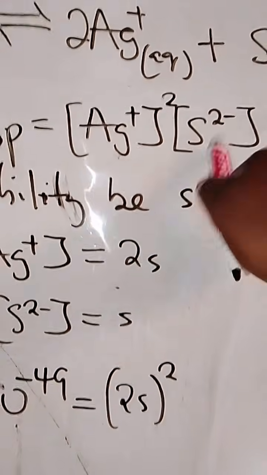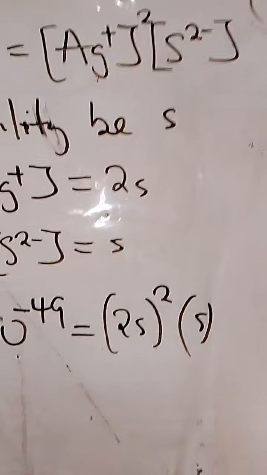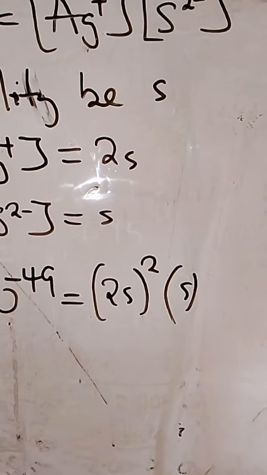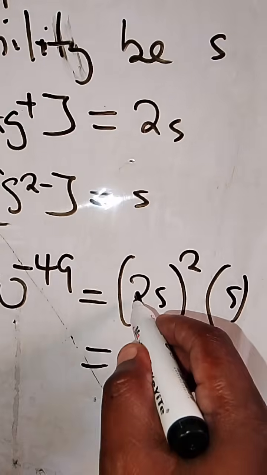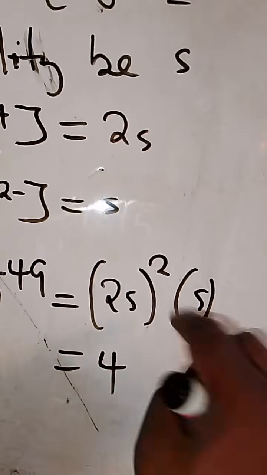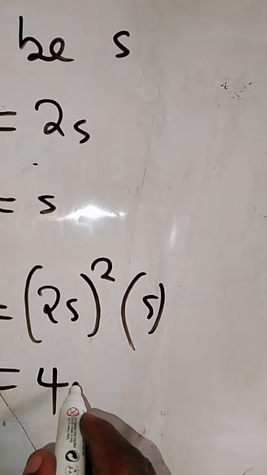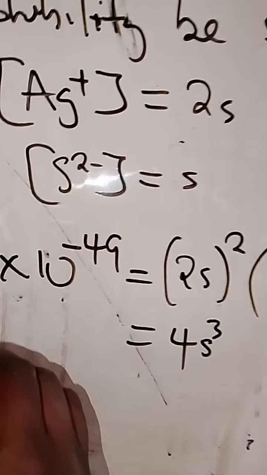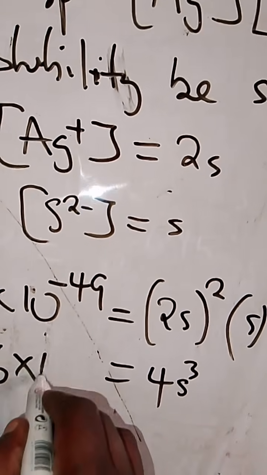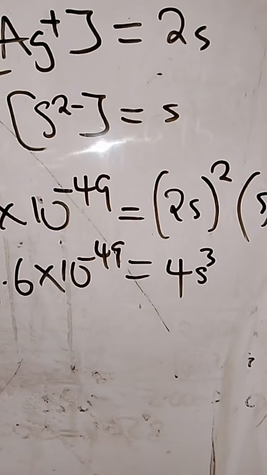Then the concentration of sulfide, which is S. Then 2 squared is 4, and S squared times S gives us 4S cubed. So 1.6 times 10 to the power negative 49 is equal to 4S cubed.